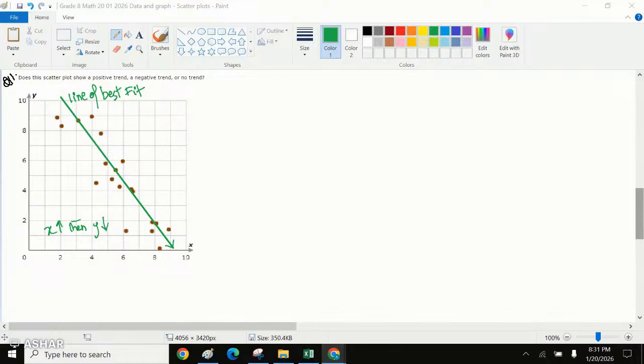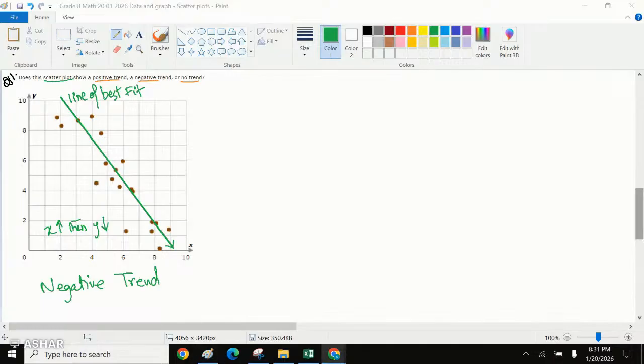So what kind of a trend does it have? Does it have a positive, negative, or no trend? Since it's decreasing, we say this is a negative trend on a scatter plot, right? Okay, good, great.